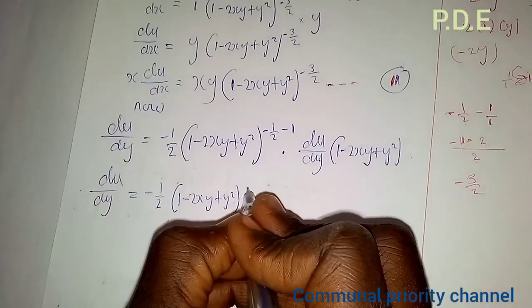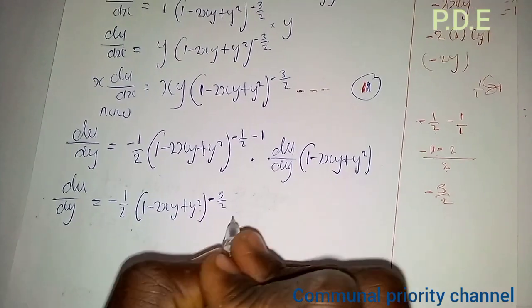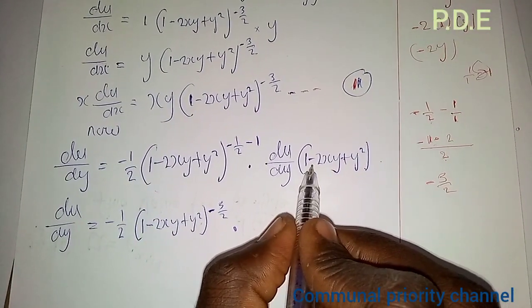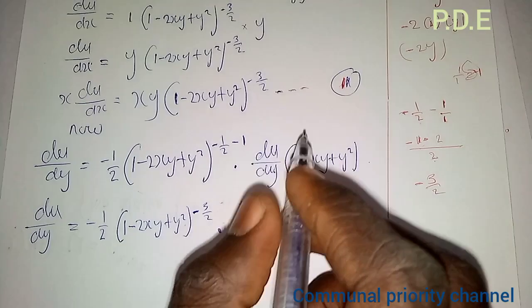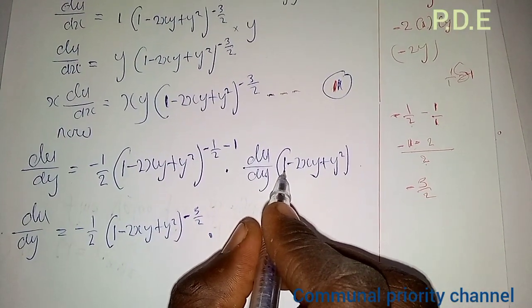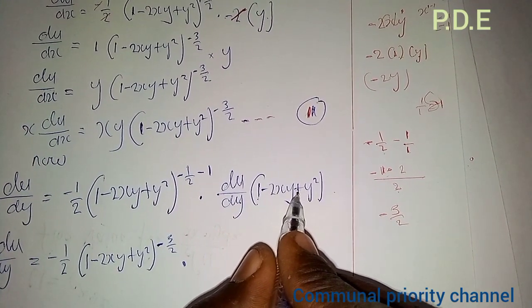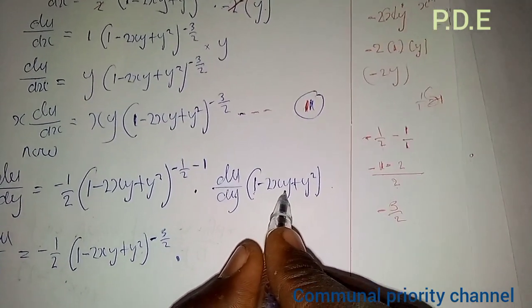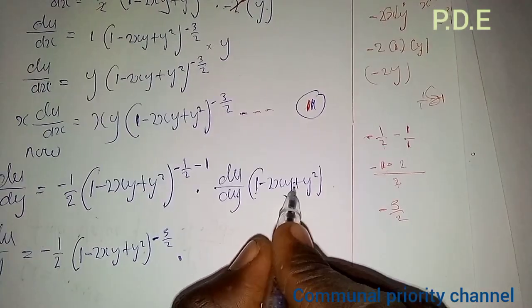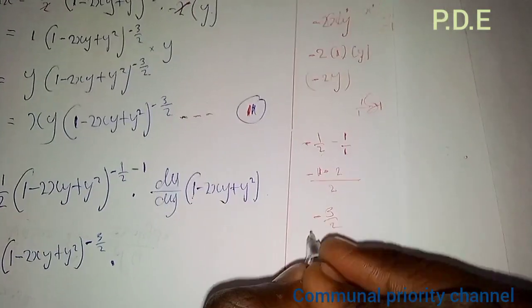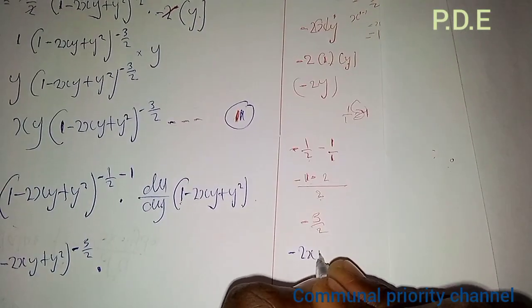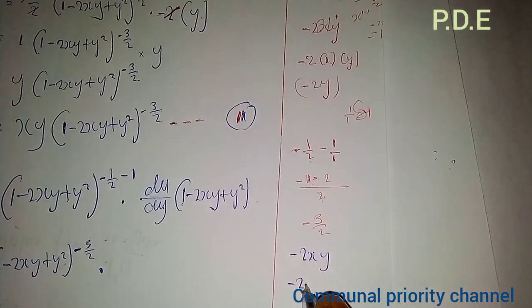So we can put our minus 3 all over 2 here, multiplied by the differentiation of this bracket in respect to y. Therefore, first of all, differentiation of 1 in respect to y will give us 0. Again, differentiation of this value in respect to y: just like we did before, in 2xy the 2x will be constant.